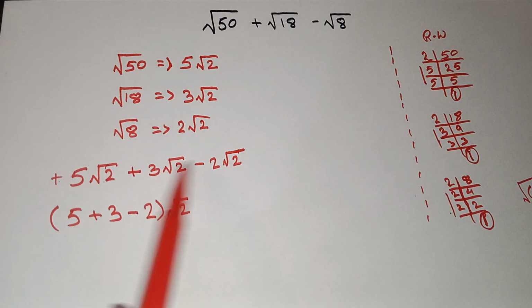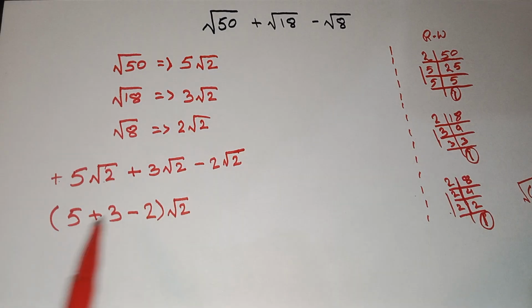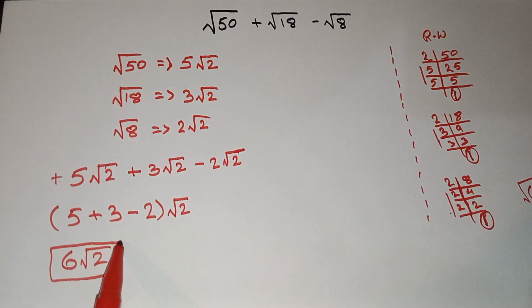The numbers are taken with their signs in one bracket, and the square root of 2, which is common in all 3 of them, is written alone in one place. So 5 plus 3 is 8 and 8 minus 2 is 6. So 6 square root of 2 is our final answer. Okay. 6 square root of 2.